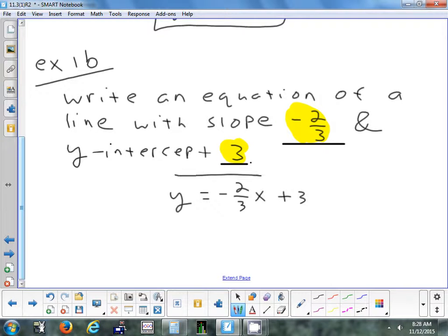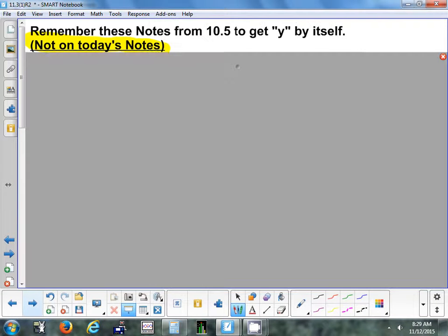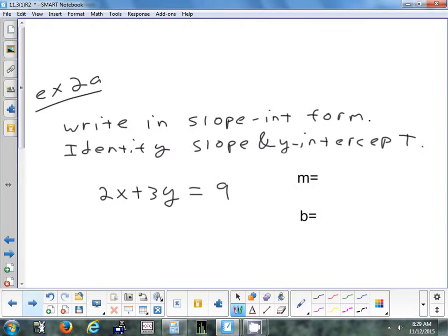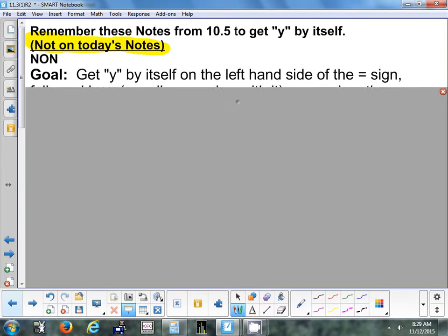Perfect. That's it, and you're done. Y equals negative 2/3 x plus 3. Do you guys have any questions on, if you're given the slope and intercept, how you write the equation of the line? All right.